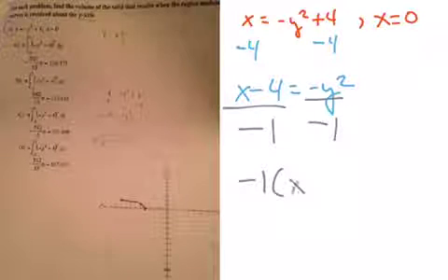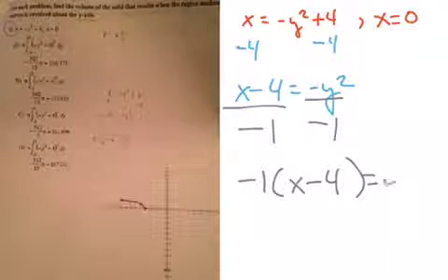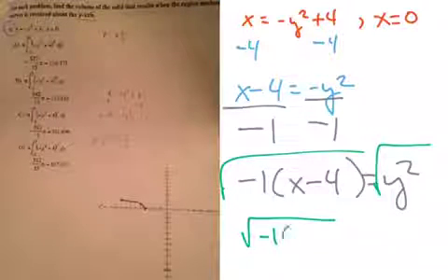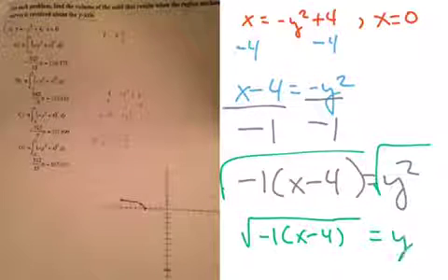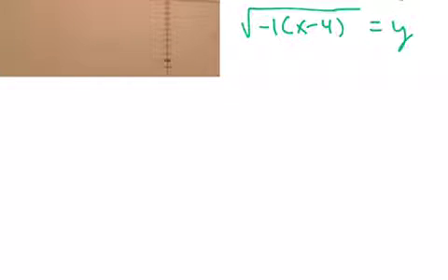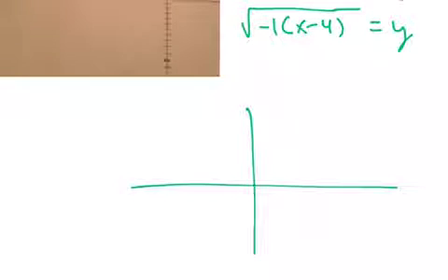Negative 1x minus 4 equals y squared. Then I can square root this, and upon doing so, I get the square root of negative 1x minus 4 equals y.